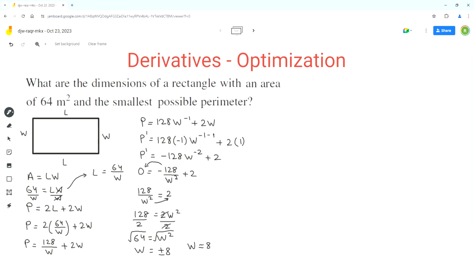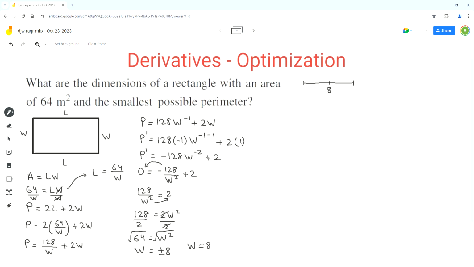Now we should verify that the perimeter is a minimum value at W equals 8, so we can use the first derivative test, and for that we can use the number line method. We have to check whether the function is increasing or decreasing on the left and the right hand side of 8.